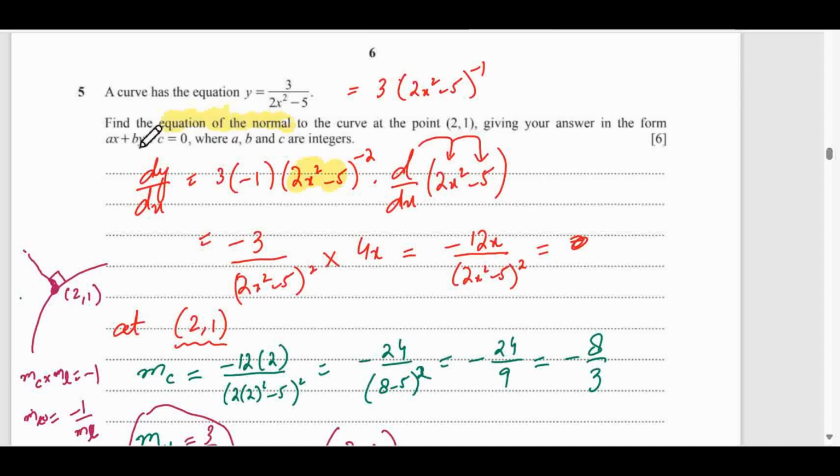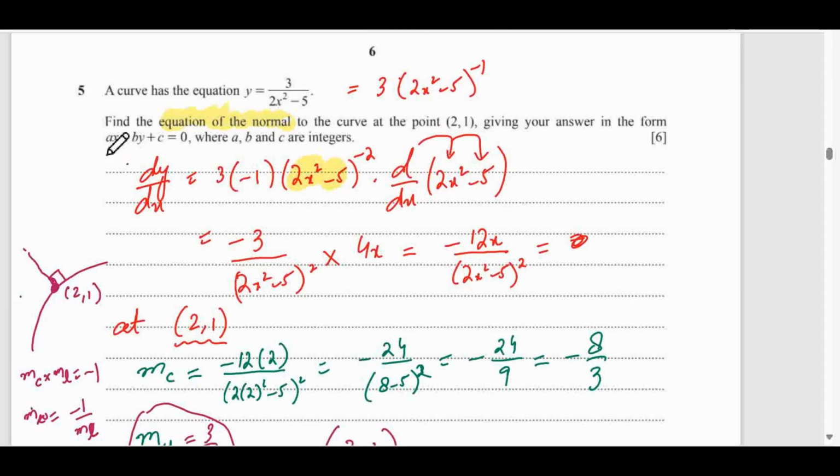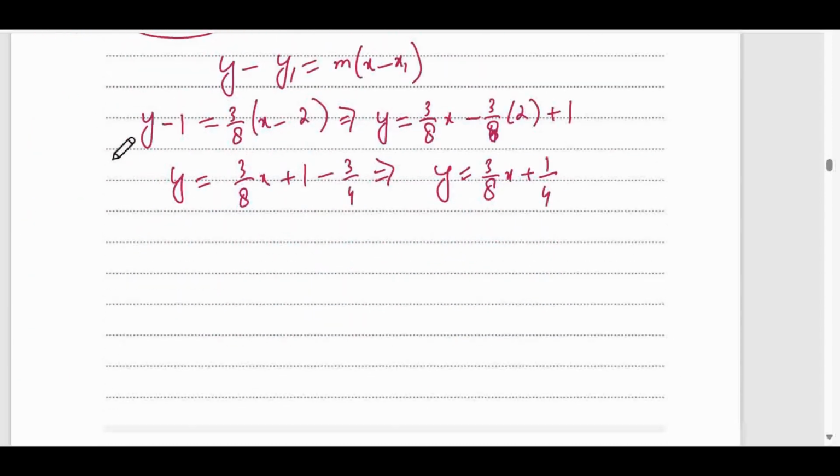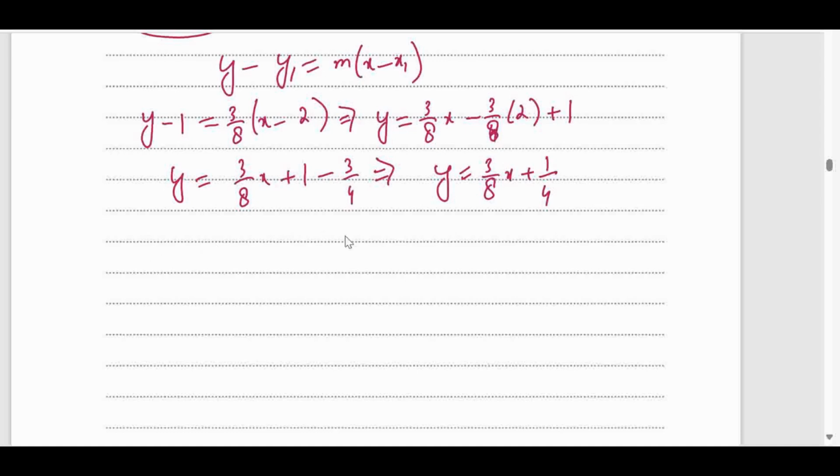So giving your answer in the form this means we need to rearrange this one, and the first term should be the coefficient of x, so a will be the coefficient of x. Before rearranging, we can simplify it further by taking the LCM.